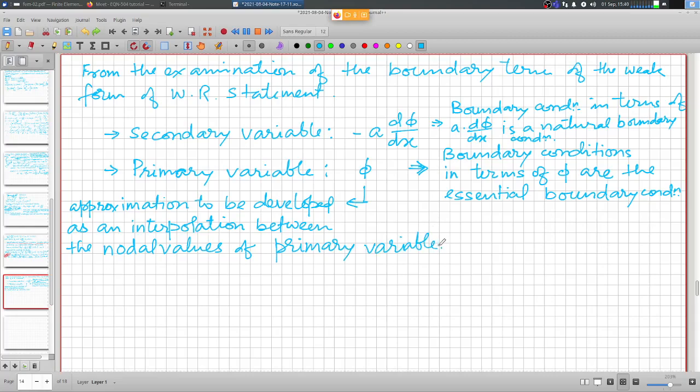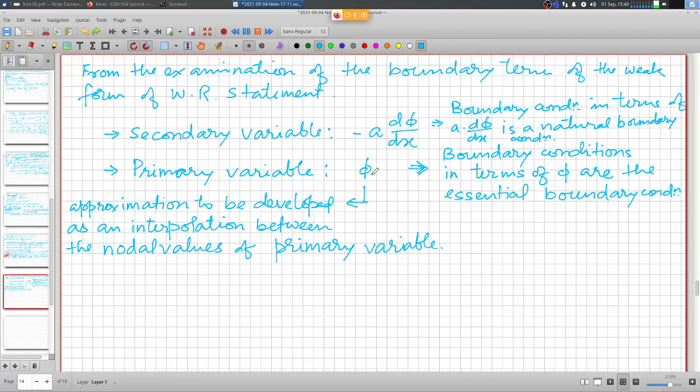So it is for this purpose that we need to identify which of the two is a primary variable, because the approximation will have to be developed in terms of interpolation of that quantity defined at the nodes, which are as yet unknown.